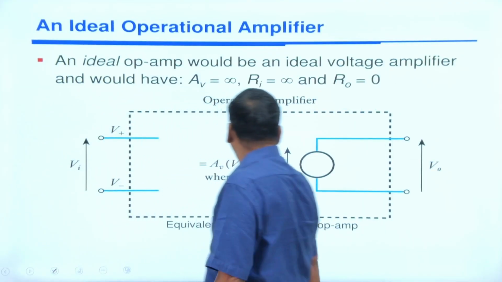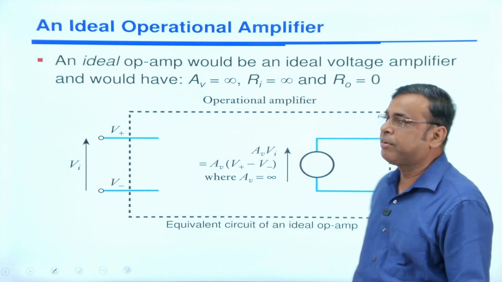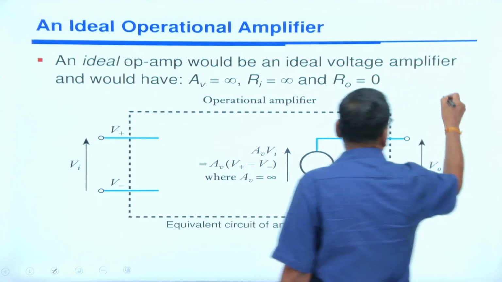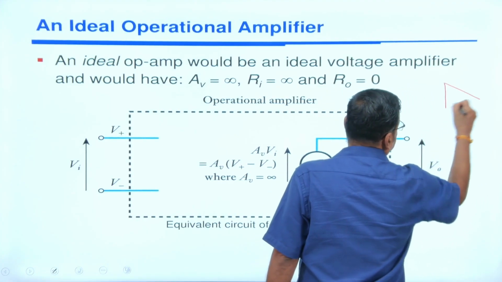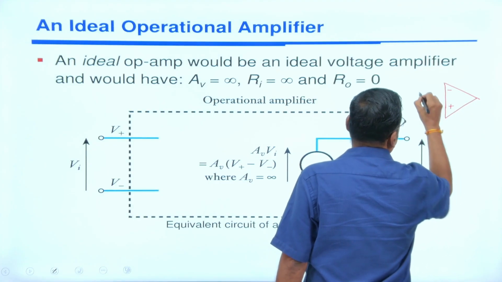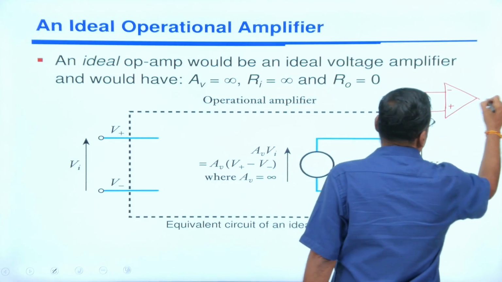Now, this is one of the vital, basic things of the ideal operational amplifier. I already told you in the previous class, this is the symbol of the operational amplifier. This is your inverting input and this is your non-inverting input, and this is your output.